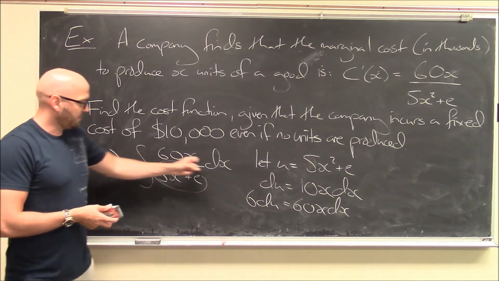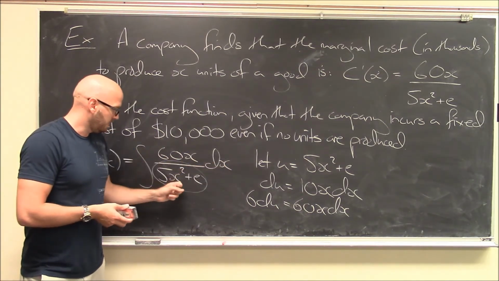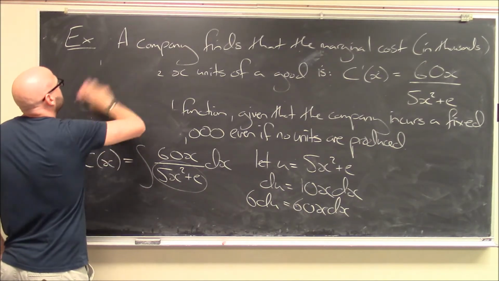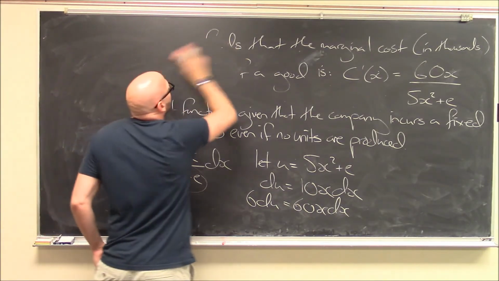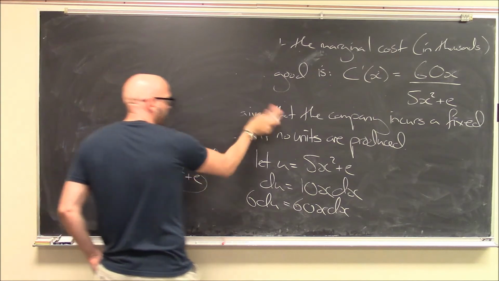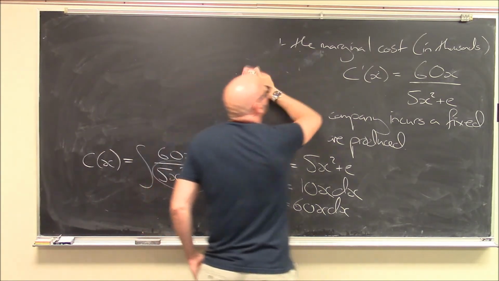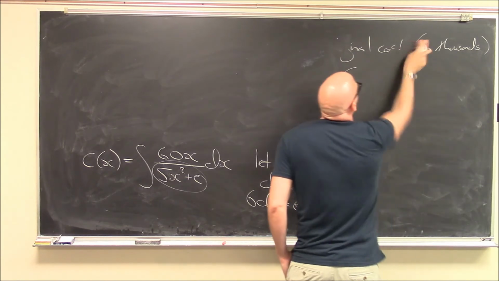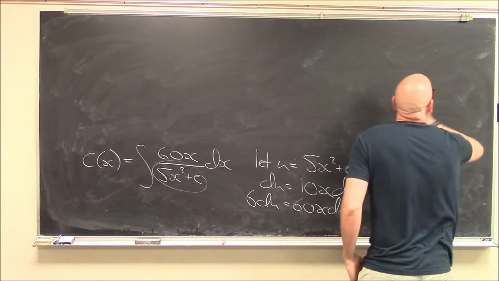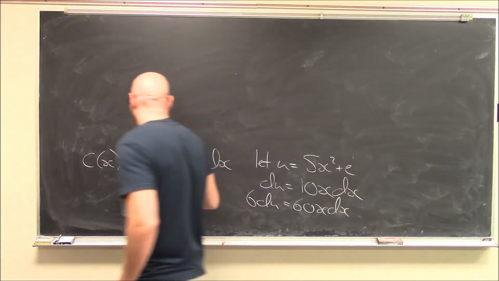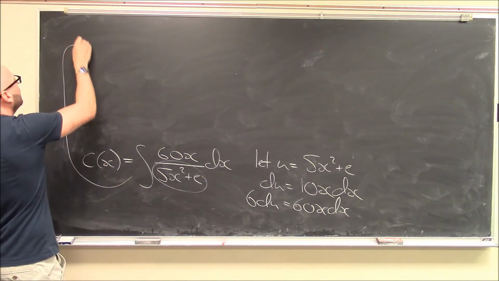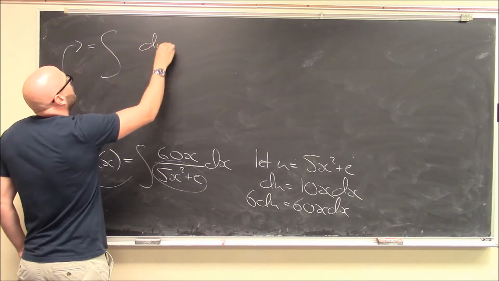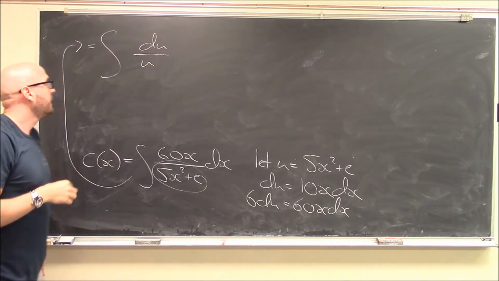So 60x dx is 6 du, over u. Alright, so this thing turns into the integral of 6 du over u.